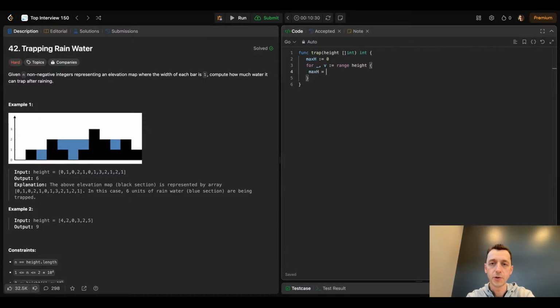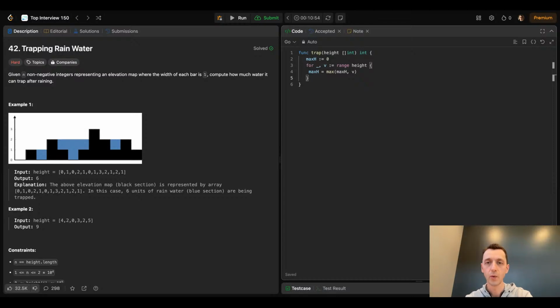Max h is max of h and v. That is our max height.